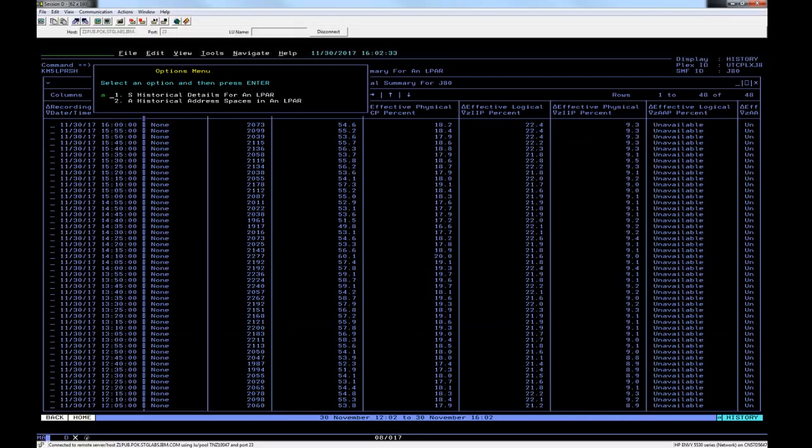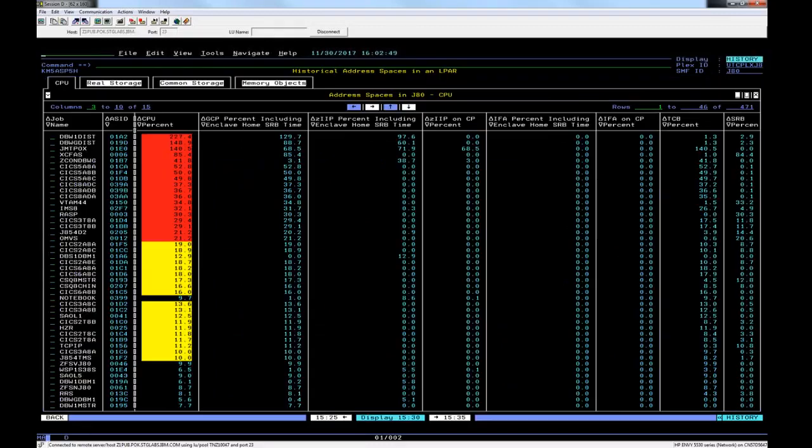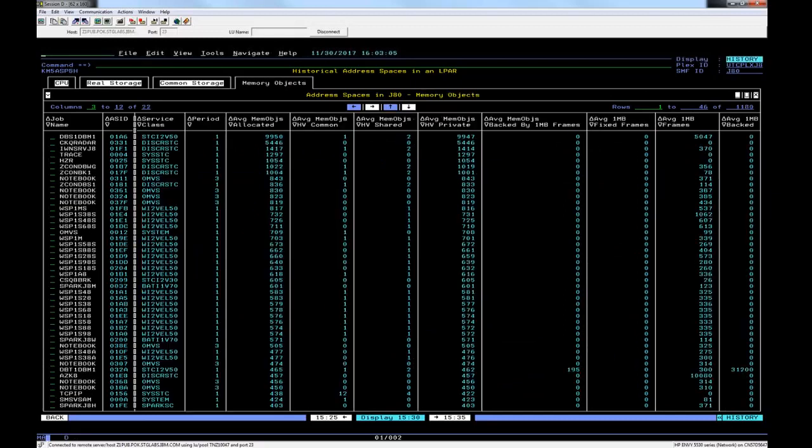So at the address space level, we now have a tabbed workspace, and when it pops up, okay, here we go. Now, by default, we're going to look at CPU for an address space, but if we look across the top here, we see 3 extra tabs: real storage, common storage, and what we want to focus on is the memory objects tab.